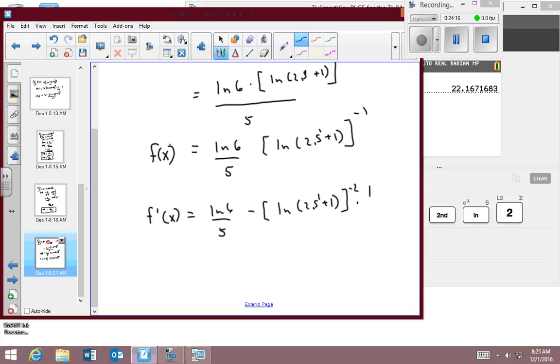Well, that's 1 over the argument. And then the derivative of the argument is 2. Oh, by the way, this is not that number minus that. This is a product. Correct?